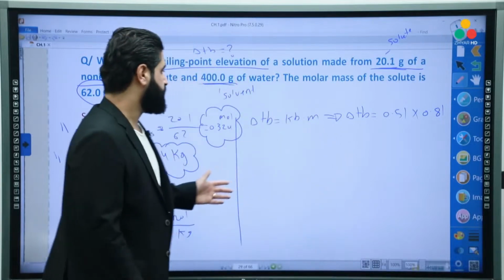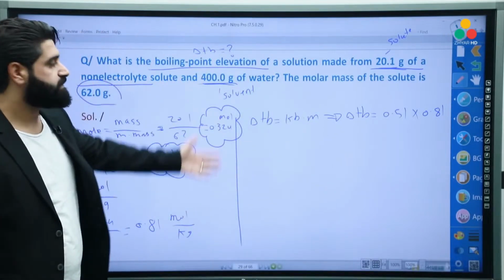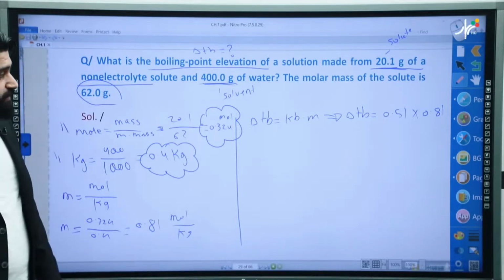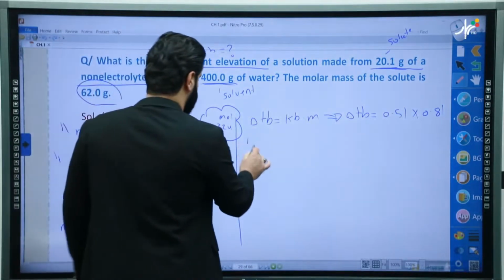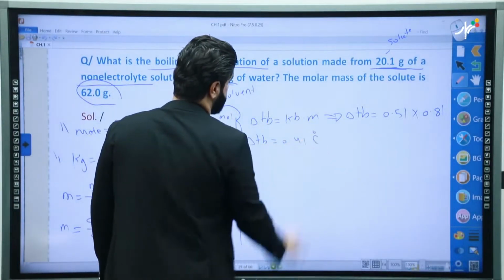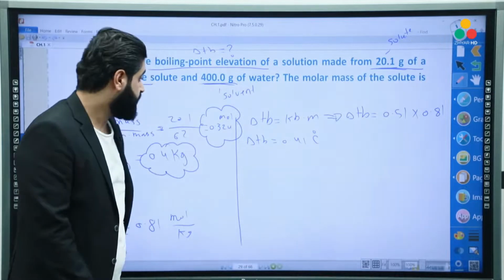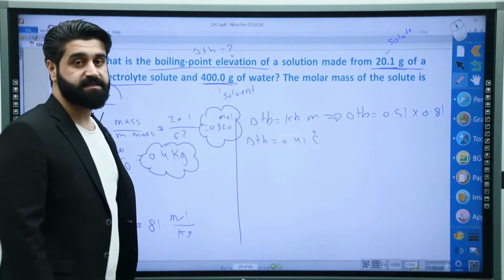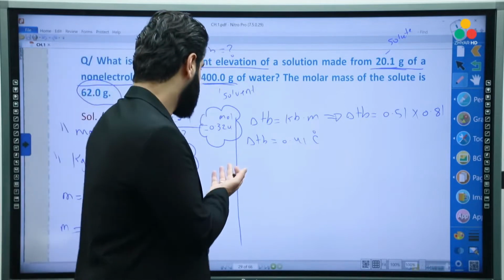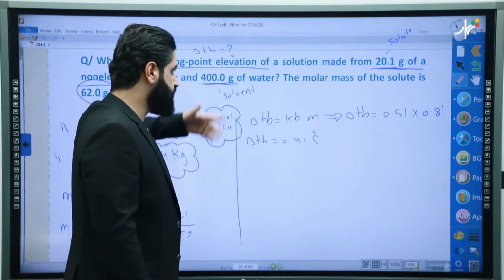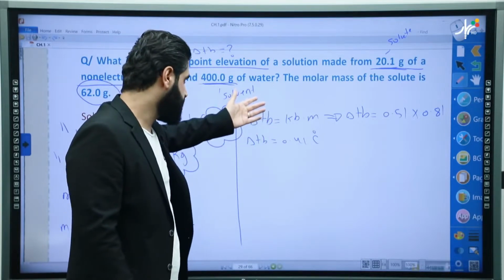I just run the equation of delta TB and everything is very clear. So delta TB equals 0.41 Celsius degree. Now we have calculated the delta TB value. It's very easy. I can add another thing to calculate.